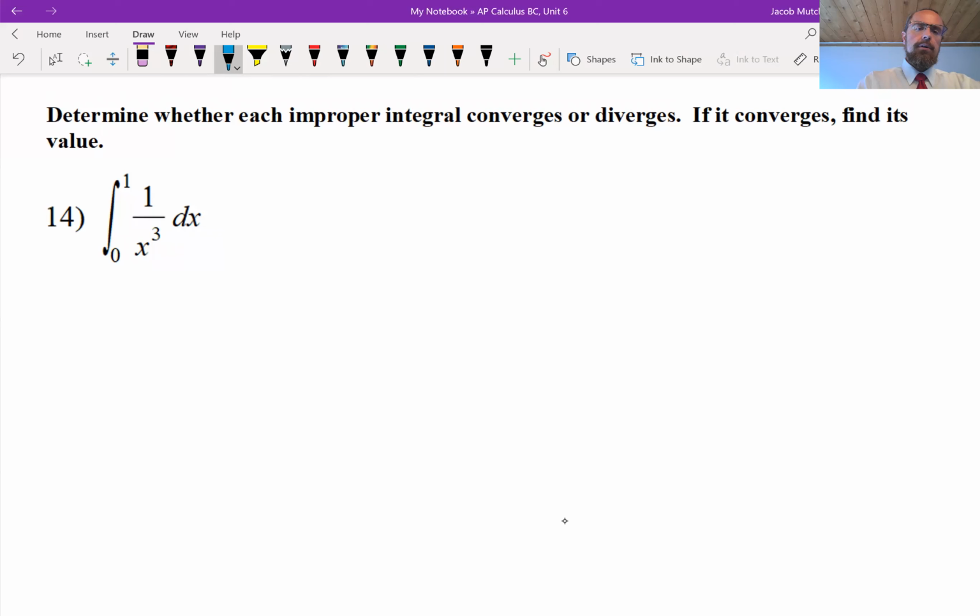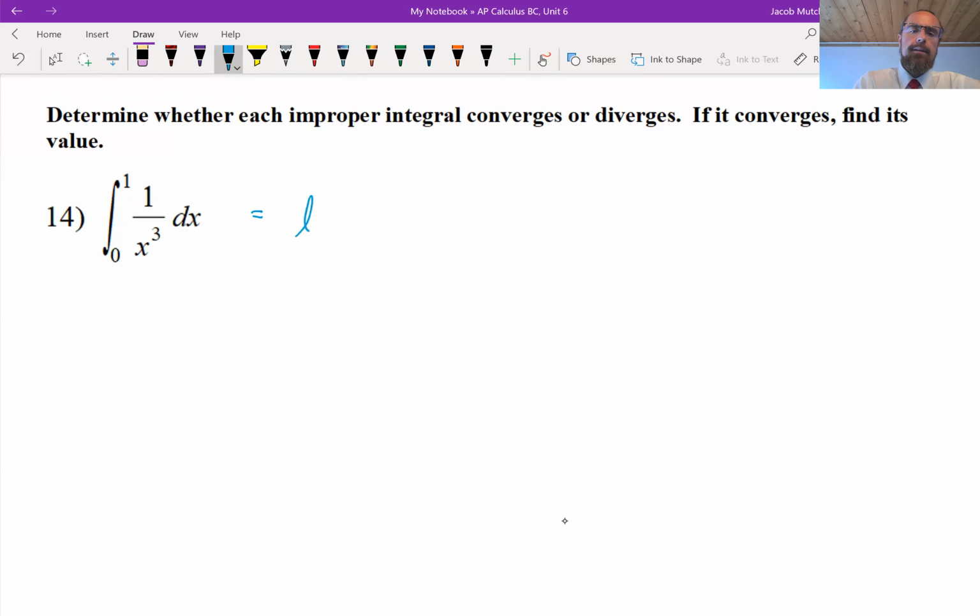If I plug in 0, 1 over 0 cubed is undefined. That's a vertical asymptote on that graph. And so for this type of improper integral, when it's not improper because of the limits of integration being infinite, but because there's an infinite discontinuity in the interval from a to b, what I want to do is set up a one-sided limit.